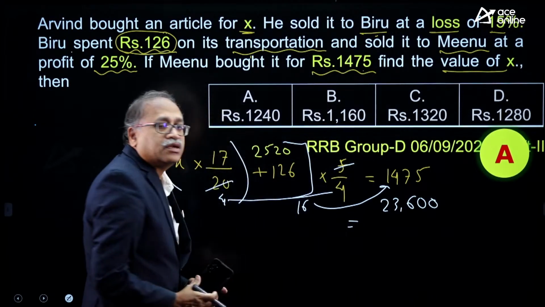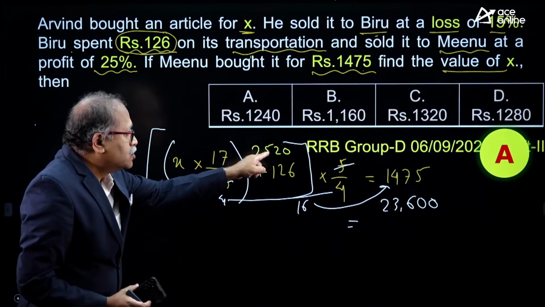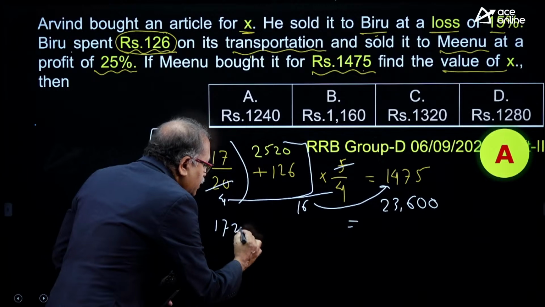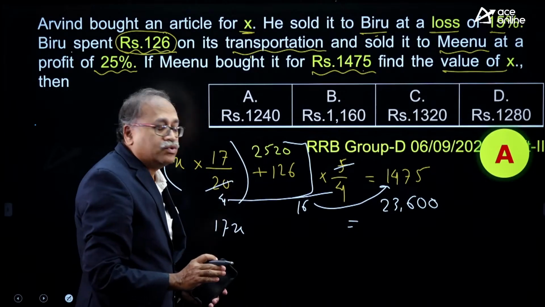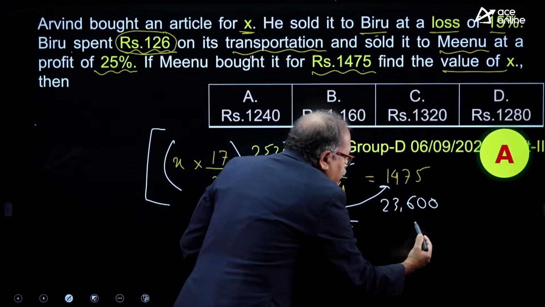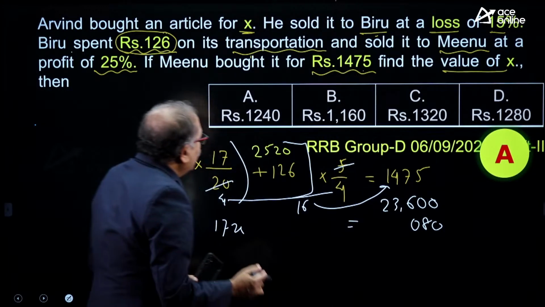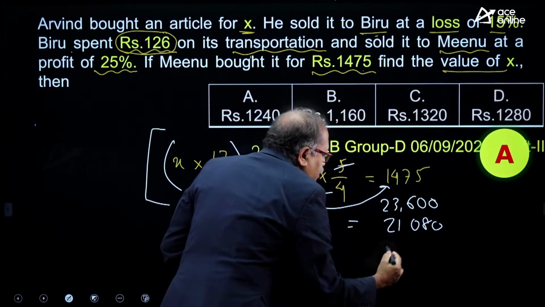So, what is my right hand side? The right hand side is 17x plus 2520. So what is 17x? 17x is equal to 23,600 minus 2520. If I take 520 from 600, I get 80, and from 23 if I take 2 it is 21.